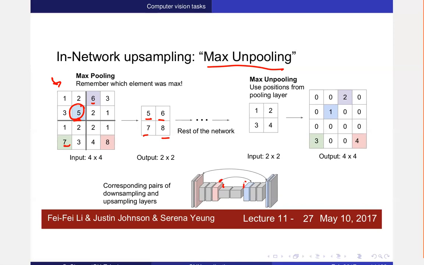In the corresponding layer that does upsampling, I propagate this information to here. Since this one contributed to the actual output earlier, I will only have this one get the value when I upsample. For the rest, I will simply set to 0. So this is max unpooling.